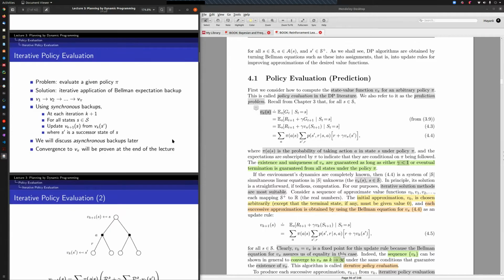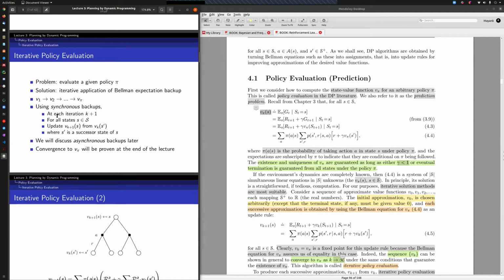So this is with respect to the expectation application here, and this is a simple way to evaluate it using synchronous backups.